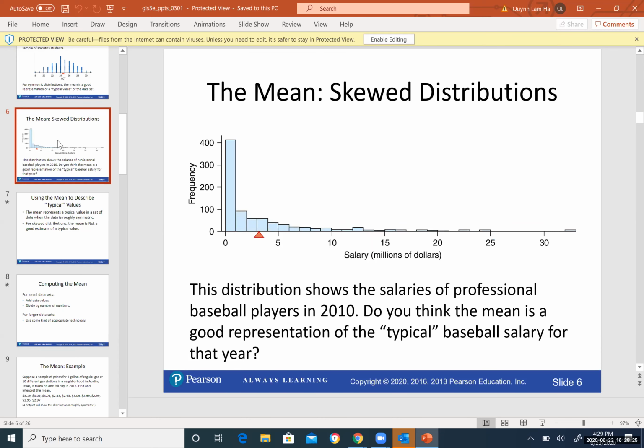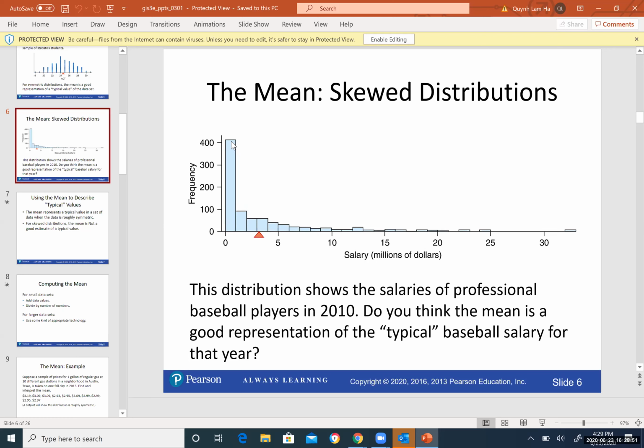For this distribution, let's check out the mean for this student distribution. Will it be appropriate to use it? You look at the data right here talking about salaries. We have many people. Let's see how many families got around 400.